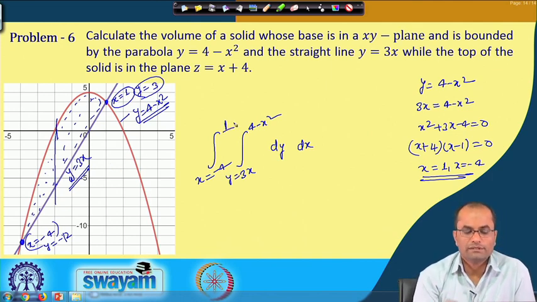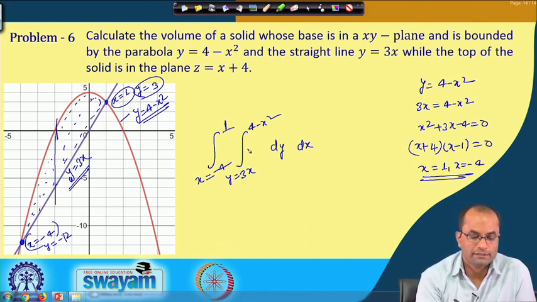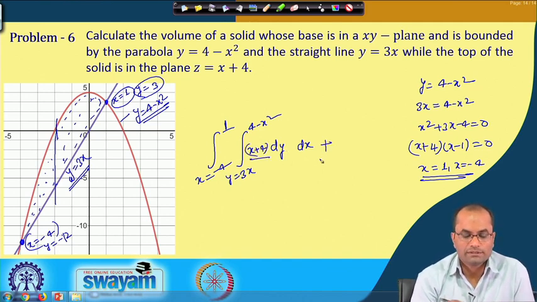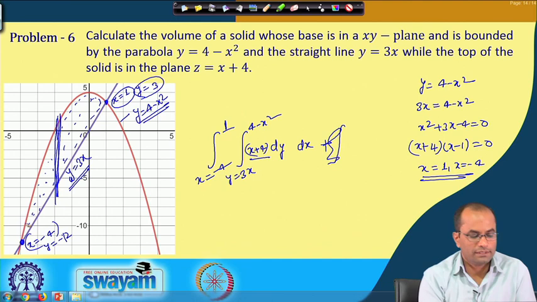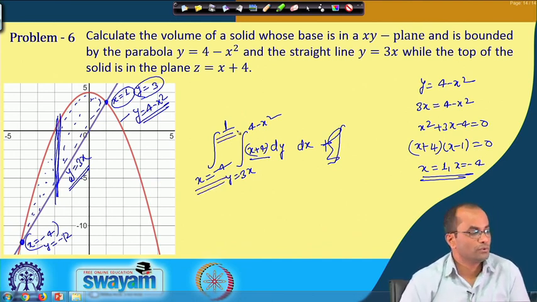This integral we need to compute, and the integrand will be x plus 4. That is the only integral because we have covered the whole region here. The line is always entering through this line and exiting from that parabola, and for x we have taken from minus 4 to 1.